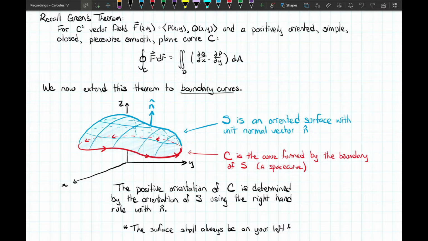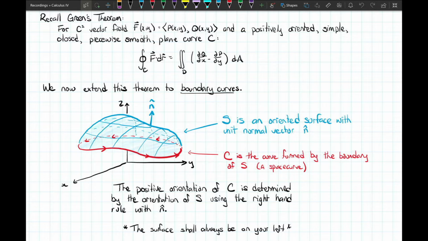And just like with Green's theorem, this would mean that the area is on your left as you're traveling around the curve. So facing upwards with the normal vector pointing up here, you can see that we would have some sort of counterclockwise orientation for our curve when viewed from above the xy plane.